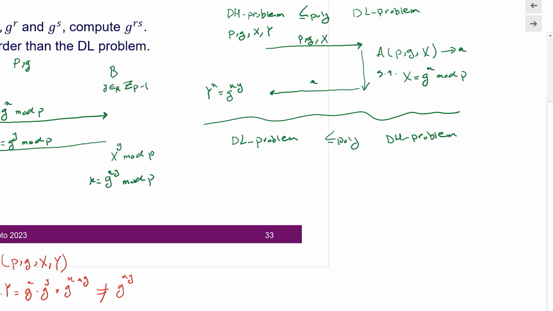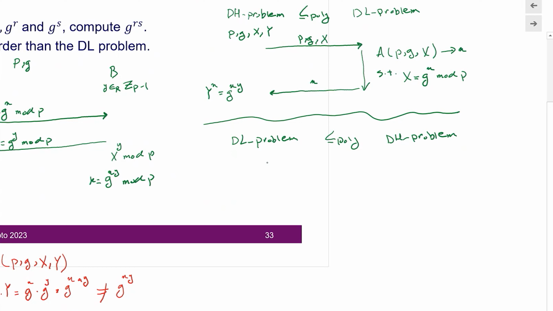Who thinks, any idea, guys? Do you think we can do this reduction? So we have already shown how to reduce the Diffie-Hellman problem to the discrete logarithm problem. How about the other way around?